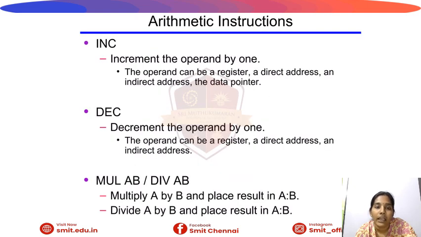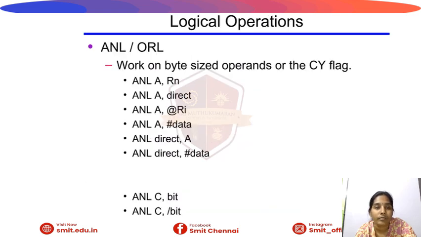Next is INC. It increments the operand by 1. Next is DEC. It decrements the operand by 1. MUL AB is the instruction to multiply the A and B operands, and DIV AB is the instruction to divide the A and B operands.